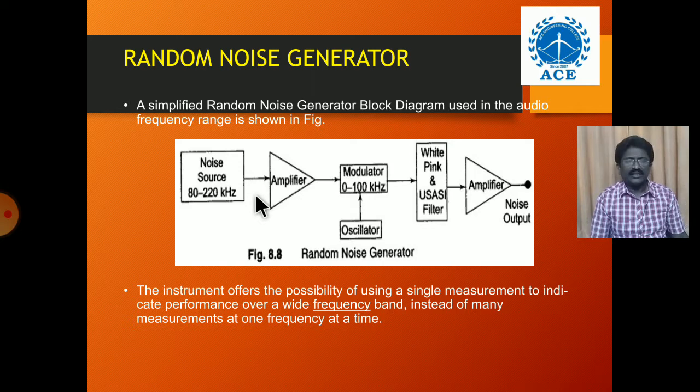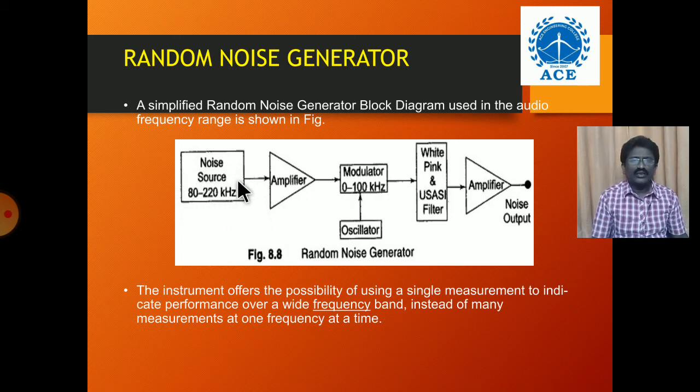Here the method of generating noise is usually to use a semiconductor noise diode, which delivers frequencies in a band roughly extending from 80 to 220 kilohertz. The output from the noise diode is amplified with the help of an amplifier and heterodyned down to the audio frequency band by means of a balanced symmetrical modulator.